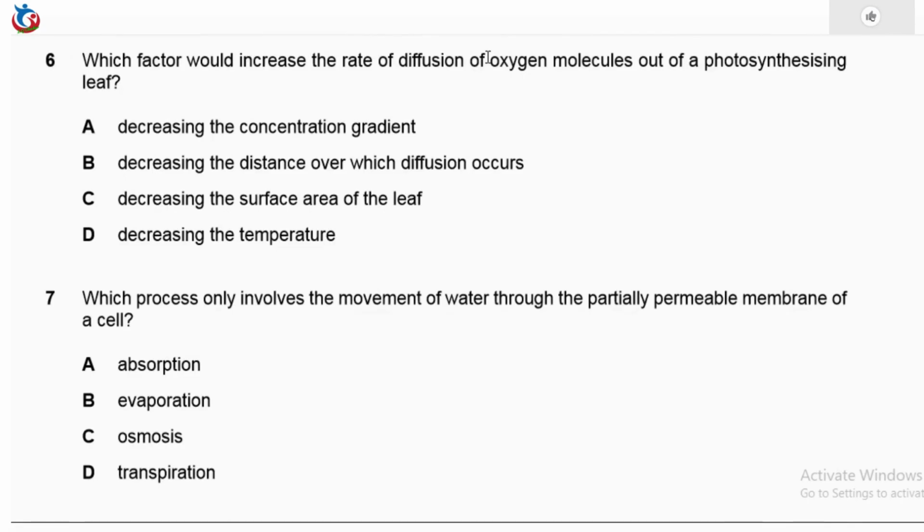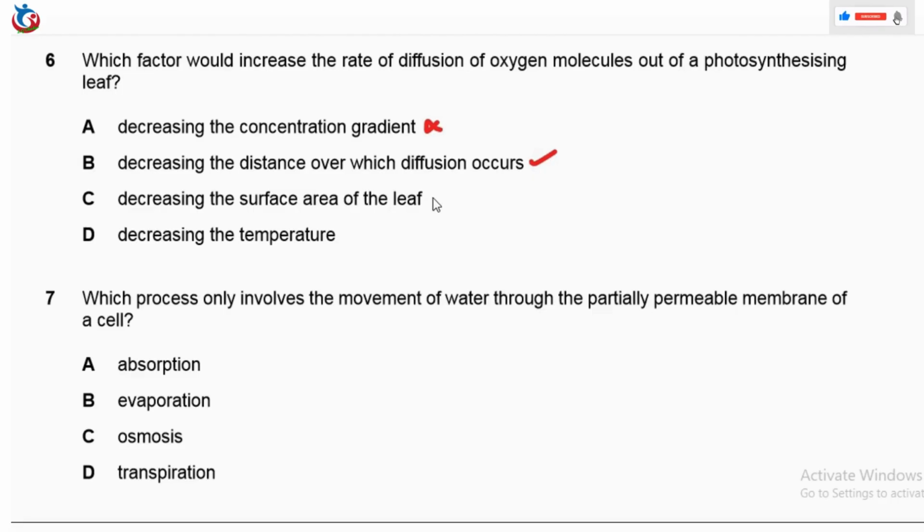Question 6 says, which factor would increase the rate of diffusion of oxygen molecules out of a photosynthesizing leaf? What will increase the rate of diffusion? So decreasing the temperature will not increase. Okay. Decreasing the distance, yes, this can increase the rate of diffusion.